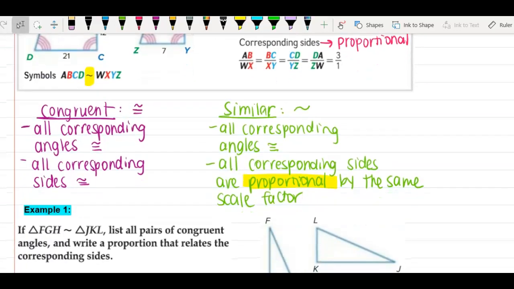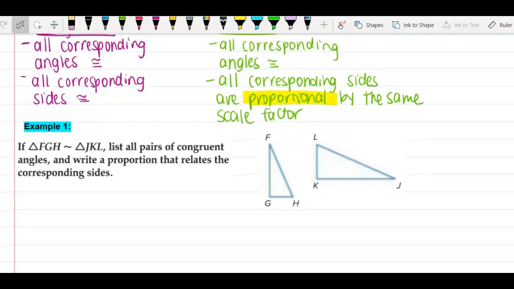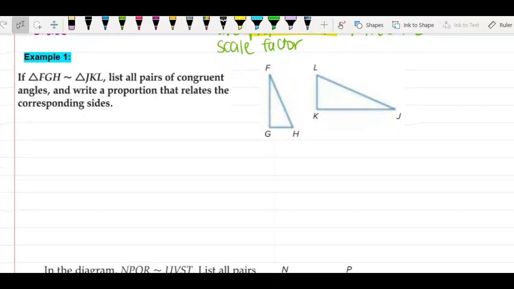So just like we started out in congruence, we're going to do the same thing, writing out all the corresponding angles and all the proportional sides. So the big thing is we have this similarity statement here, and it works the same way as the congruence statement.